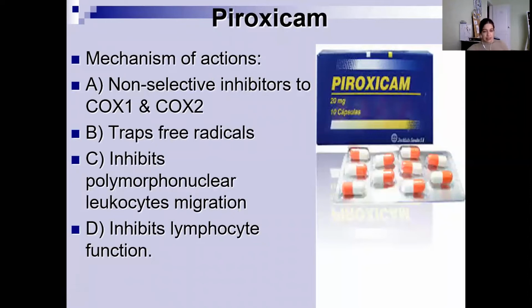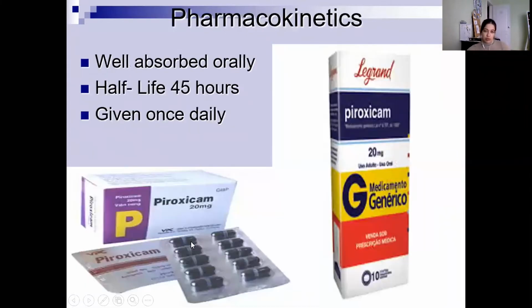Piroxicam is also a non-selective inhibitor of cyclooxygenase 1 and 2, and it also traps free radicals, which leads to reduction of oxidation in the tissues. This is very good. It also inhibits polymorphonuclear leukocyte migration and inhibits lymphocyte function. We know that leukocytes and lymphocytes are a very important part of the immune system.